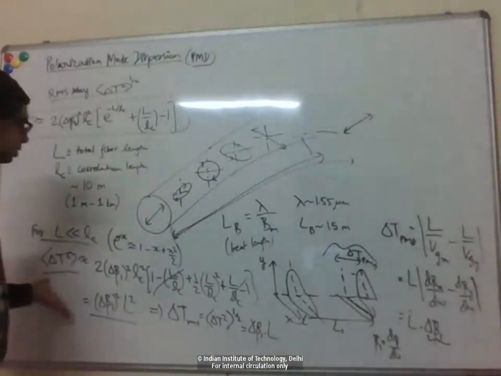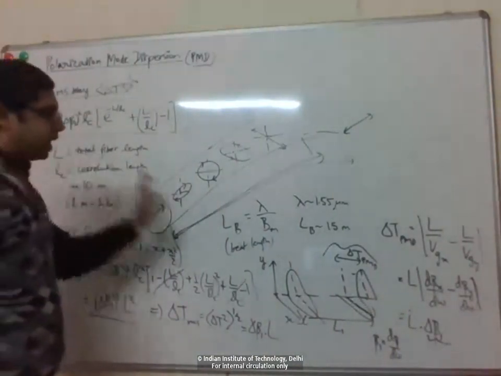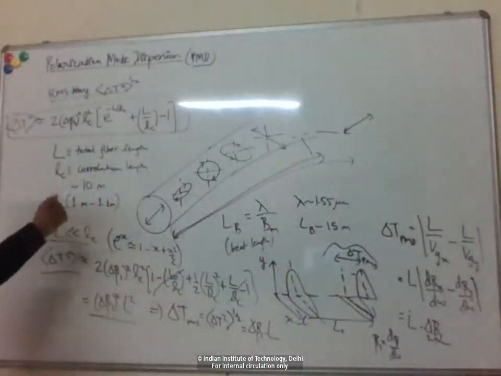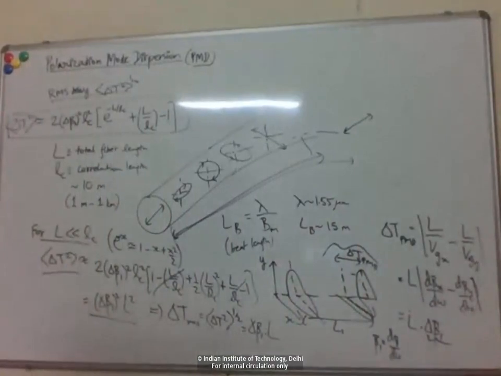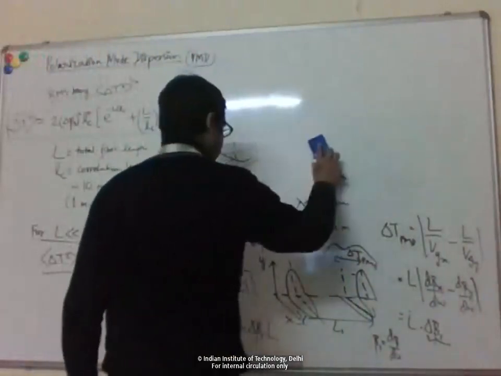Right? So this is just to see that the expression gives me the correct limiting result. But of course, for a practical link, this is not the case, right? It's the opposite case. So let's see what we get for that.